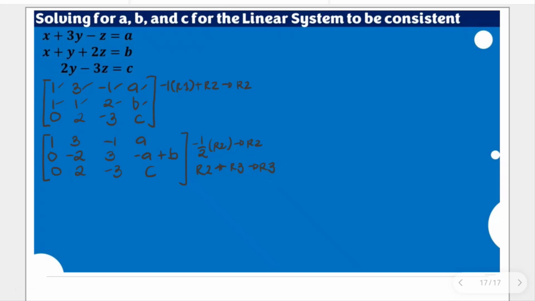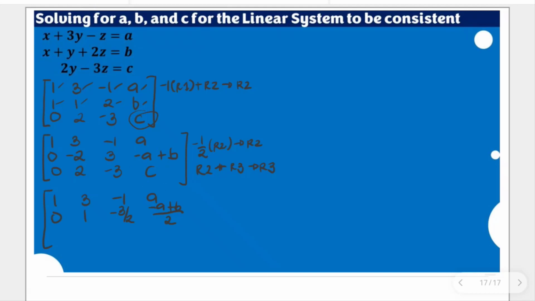But again, the row 2 is not this result, but the original row 2. So let us have this next version. So the first row is still 1, 3, -1, 8. And then we are going to multiply -1/2 to all entries on the second row. 0, 1, -3/2. And we also have -A plus B all over 2. Now don't worry about that fraction form because our goal is again the bottom portion here.